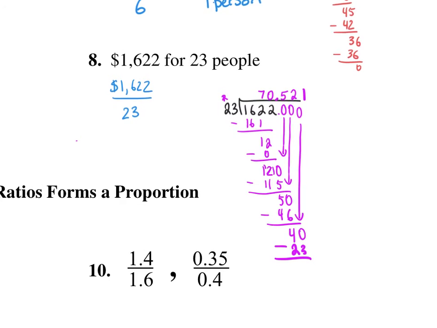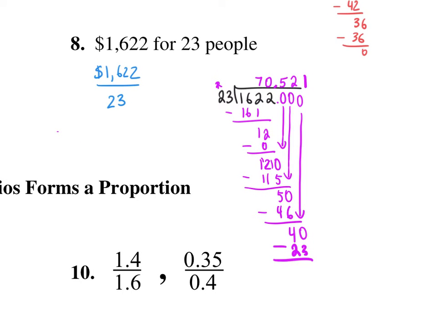On number 8 here, when we do our division, this is one that comes out to a long stream of numbers. Remember, once we get to the thousands place, you can stop. Now you need to see, what does this round to? Does it round to $70.52?